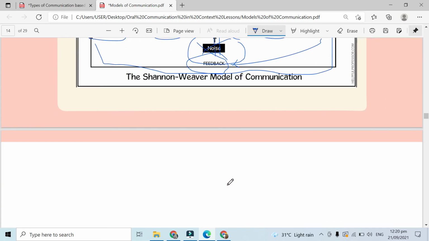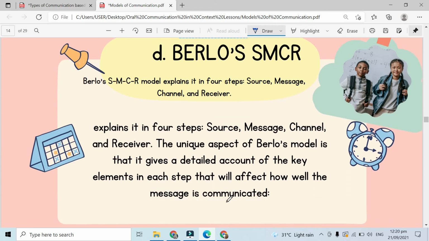Next, Berlo's SMCR model of communication explains with 4 steps: the source, the message, channel, and receiver. The unique aspect of Berlo's model is it gives a detailed account of the key elements in each step that will affect how well the message is communicated.